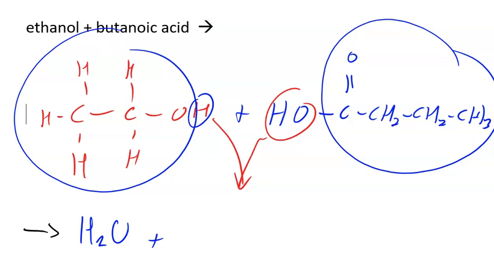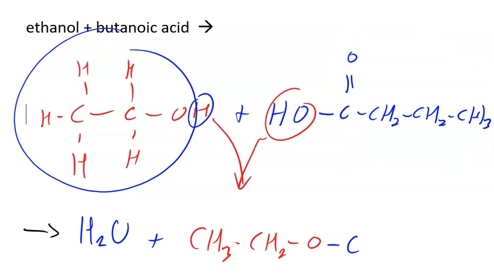So we're going to have the CH3, CH2, O, and then that's going to be hooked up to this carbon right there. It's got a double bond and everything else stays exactly the same.